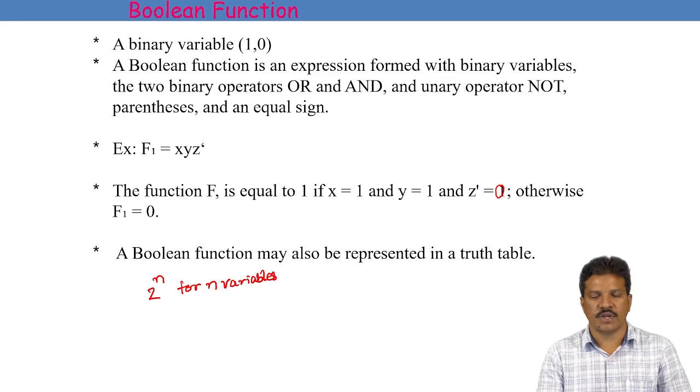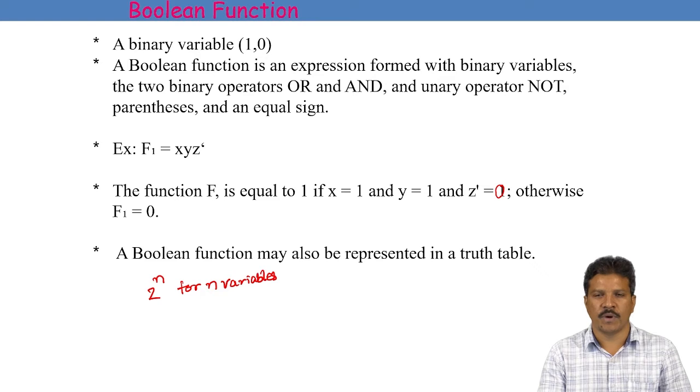Another way is the truth table: for n variables, 2 power n combinations of logic 1s and 0s, starting from 0 to 2 power n minus 1 in binary form, and then the corresponding output column based on the terms existing in the Boolean expression. The corresponding output is logic 1, and the remaining values are logic 0.